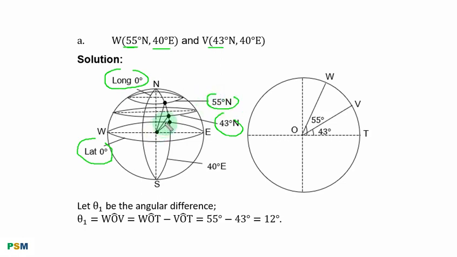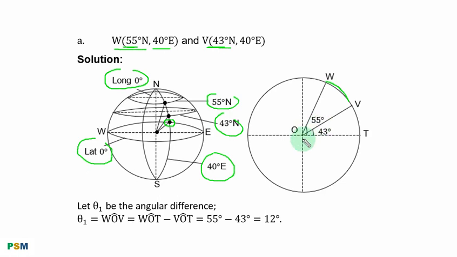From the center to this point is latitude 0 degrees, longitude 40 degrees east. If you move from the center to this point, you have point V, the information about V. If you move from the center to this point, you have the information about W. So from V to W is a minor arc.